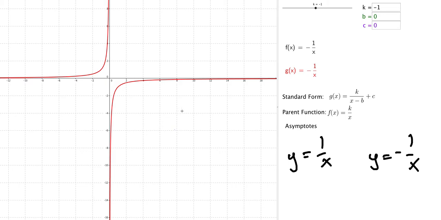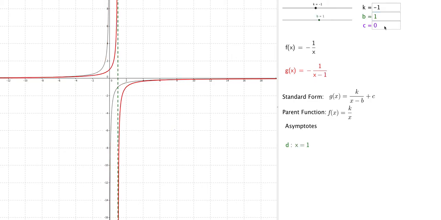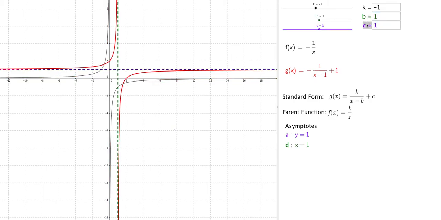Okay, example number 5 talks about translating. So now we're going to talk about this standard form over here, where you have this x minus b and plus c. Let's add in 1 for both of these values so that you can see what happens. Alright, so that looks kind of crazy. But let's talk about what's going on.